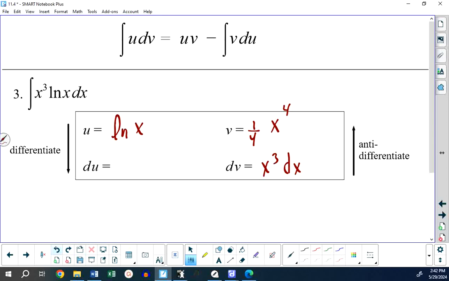Now, what is the derivative of u? Well, u is ln x. The derivative of ln x is 1 over x. I hope you see why the product of these two as an integrand is going to be something we can deal with, because it's just a product of x's.